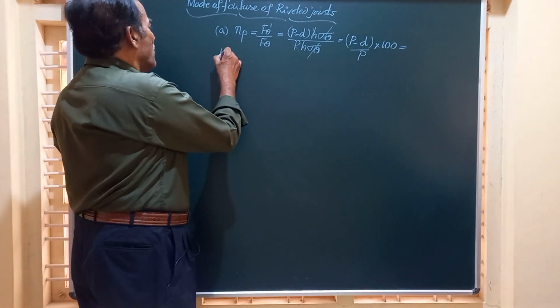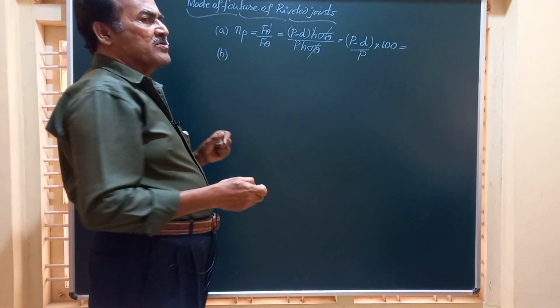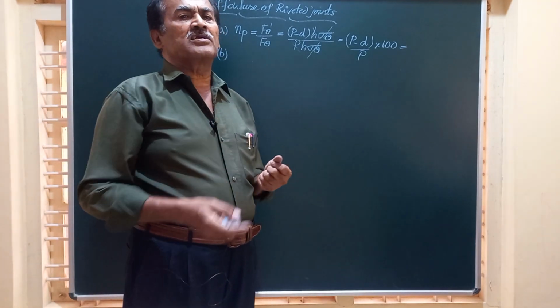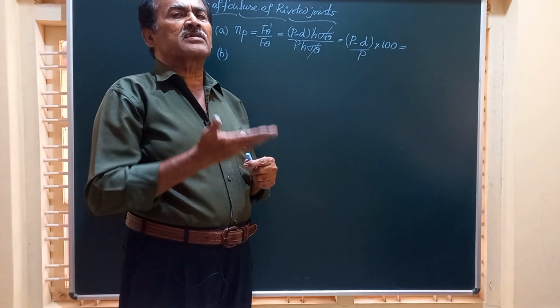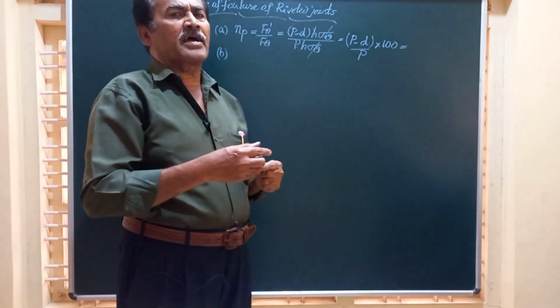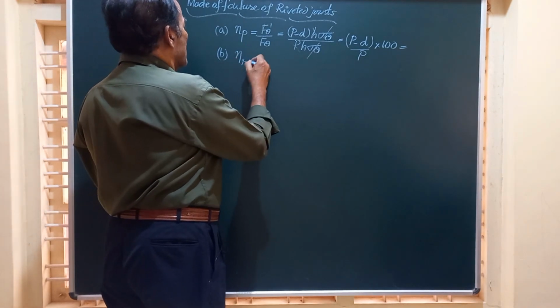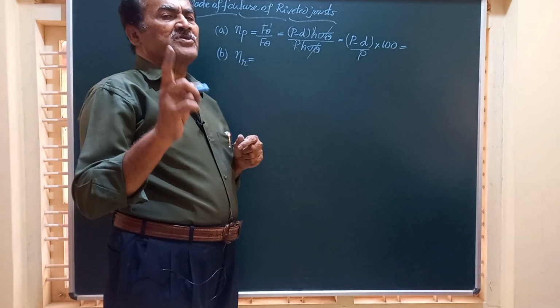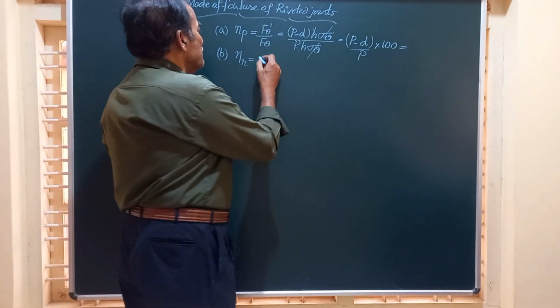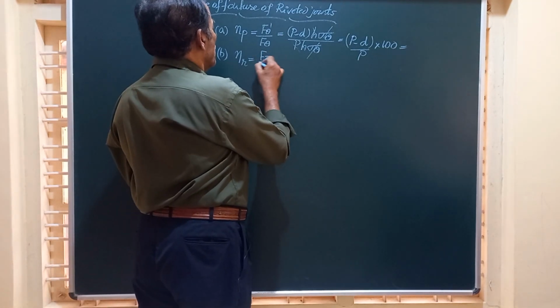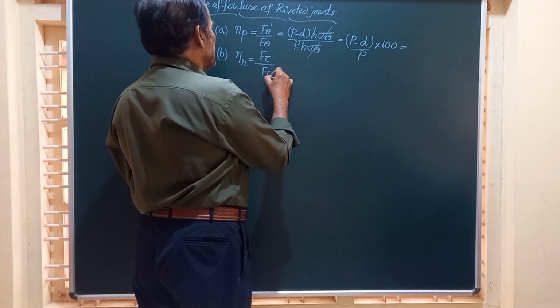Friends, second you have got the mode of failure by shearing of the rivets. The rivets may get sheared off at the diameter D. So here that's given by eta R, which is called the efficiency of the rivets, given by the formula F tau divided by F theta.